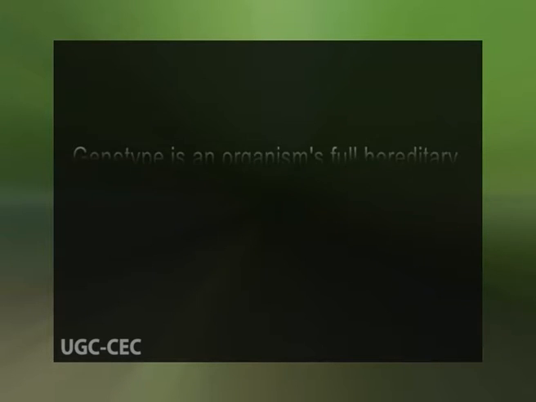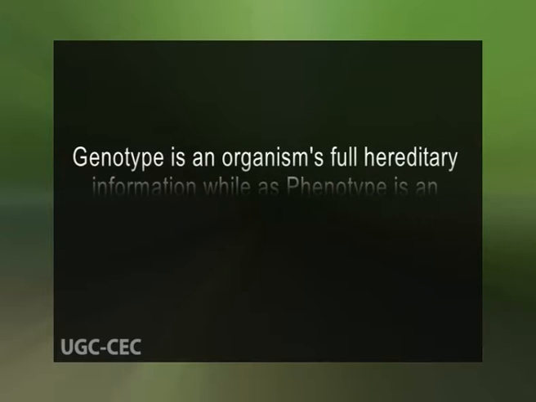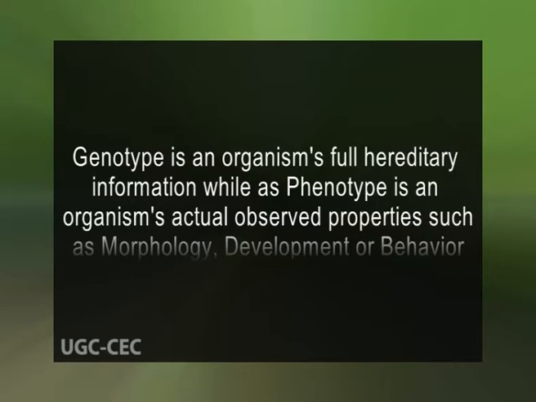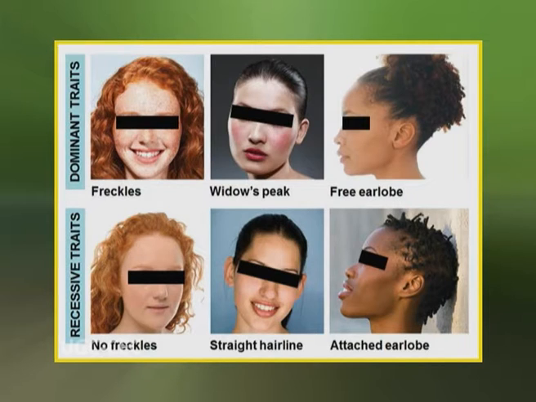So, genotype is an organism's full heredity information, whereas phenotype is an organism's actual observed properties such as morphology, development or behavior. This distinction is fundamental in the study of inheritance of traits and their evolution.